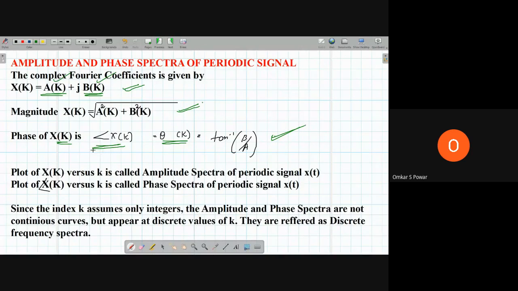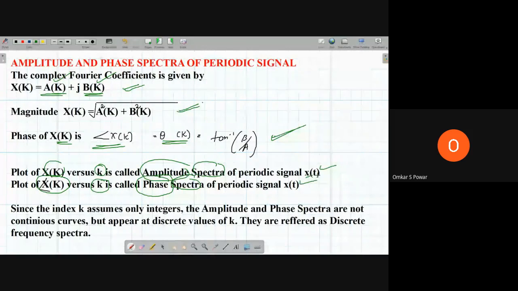Now if you plot the magnitude of X of k with respect to k, it is called the amplitude spectra. If you plot the angle of X of k with respect to k, it is called the phase spectra. That is a major difference you have to observe. And k assumes only integer values.